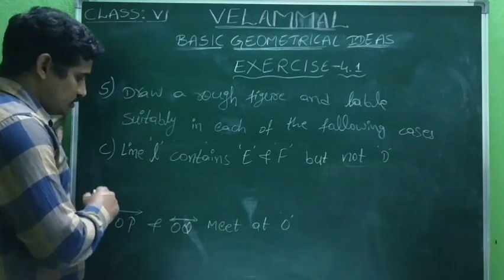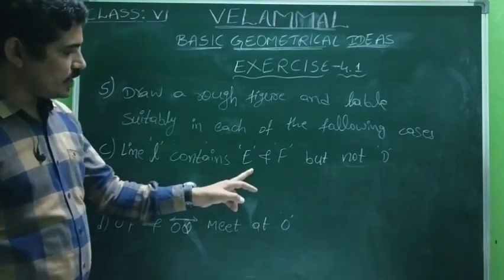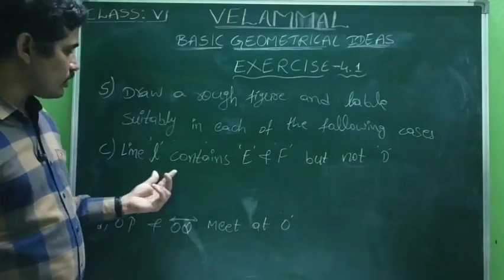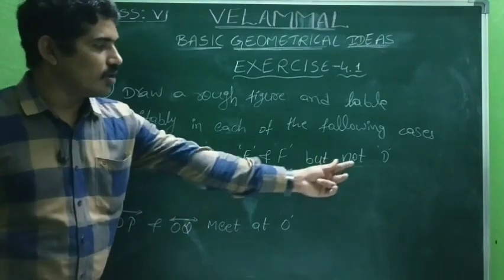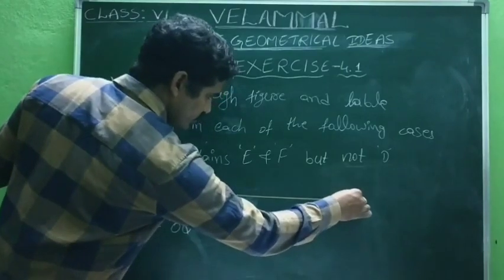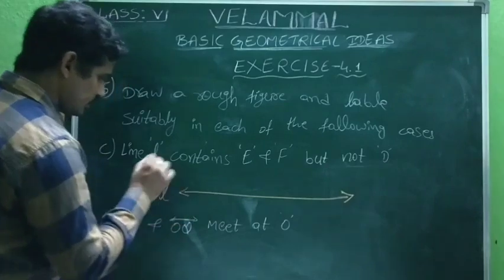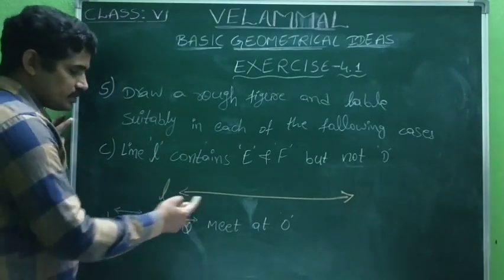Next, question C: line L contains E and F but not D. First I am taking the line L. For example, take this as line L. We can represent lines with small letters beside the line.